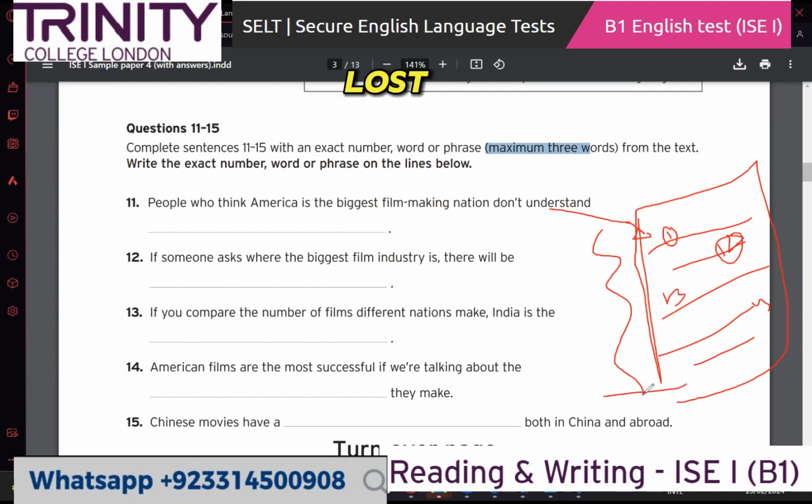You don't have to be lost with information. If they're talking about the biggest film industry, it would start from the top. If not the first one, then maybe the second one, but it would be in descending order. Someone asked where the biggest film industry is.